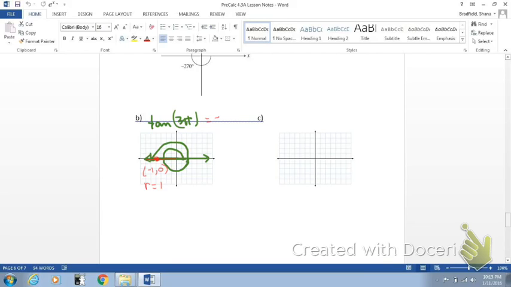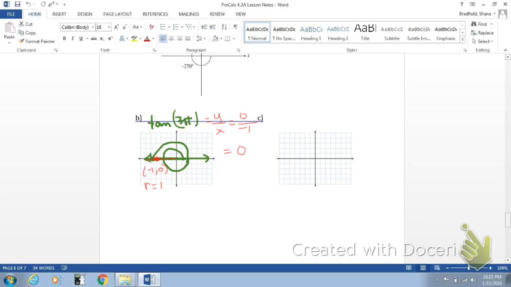Tangent is y over x. Y is 0, x is negative 1, so that's going to give me 0 as my answer. Again, if I put that in my calculator, that's what I would get.